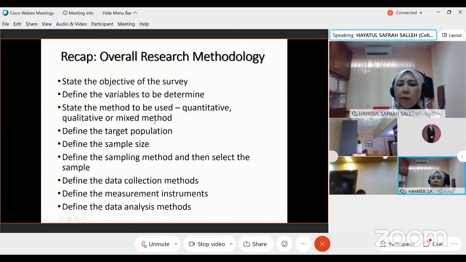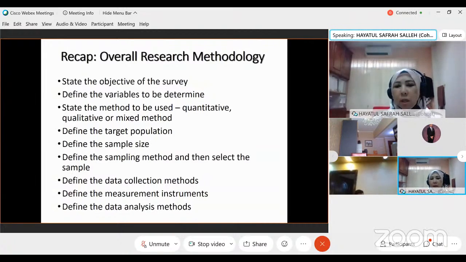What variables do you want to study to get your study objective? Then state the method that you want to use, either quantitative, qualitative or mixed method. Later, you define the target population. Who is your population?